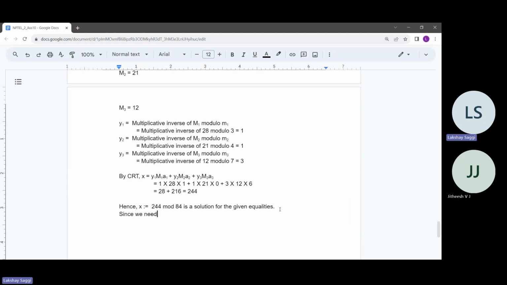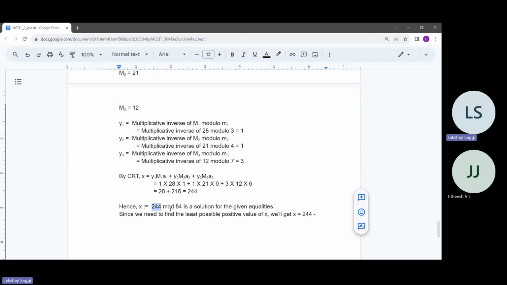Since we need to find the least possible positive value of x, we'll get x equals 244 minus, so we need to subtract.